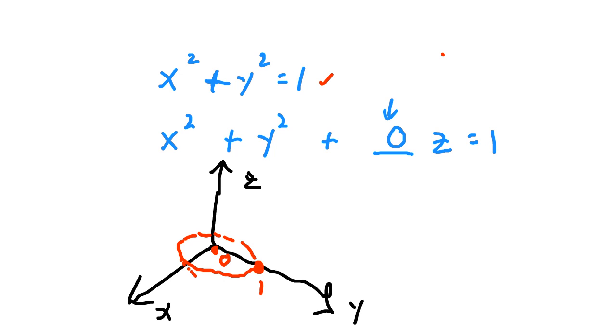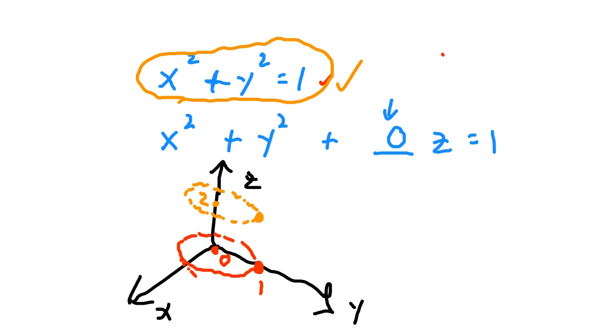But could we draw another circle up here centered at 2? Would that obey? Let's say that circle has radius 1 also. Does that obey the equation x squared plus y squared equals 1? It does.